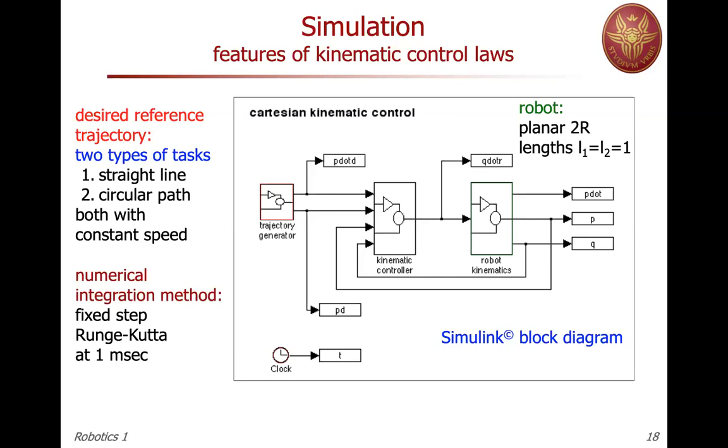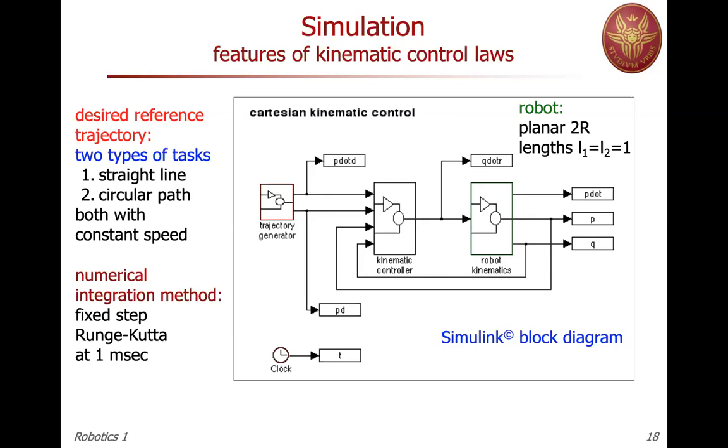So here we consider a 2R robot with unitary link length. So again, the most simple case. Extend this to 3D and to the presence of prismatic and revolute joint combinations, and so on. We consider two types of tasks: executing a segment of a straight line or doing a circular path.